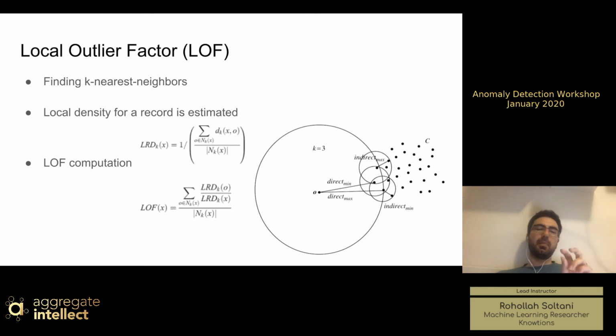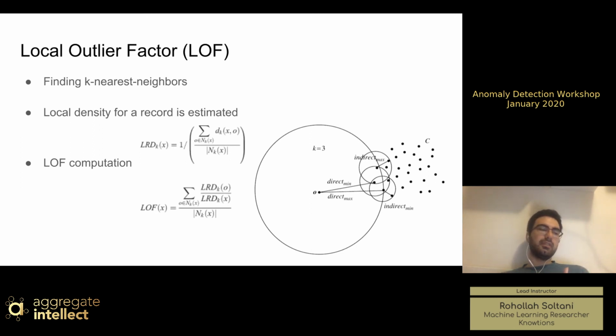Here they have the concept of LRD, which is the inverse of it, and that's like a local density for each sample in your data. Then they compute LOF, the local outlier factor, by comparing the LRD of a sample with the LRD of its neighbors.